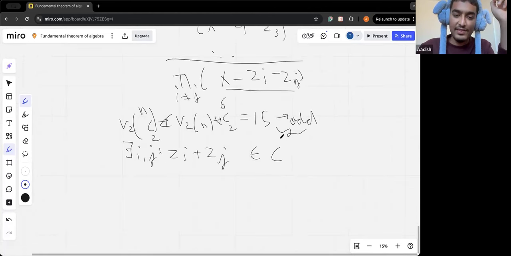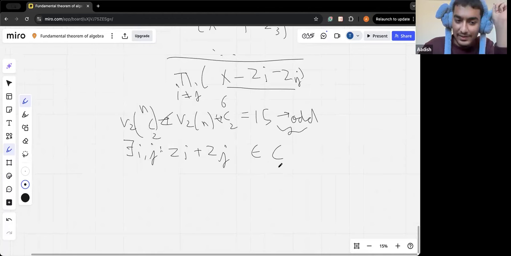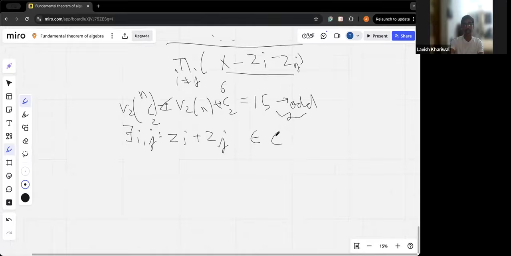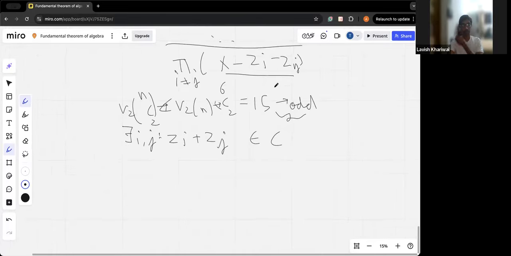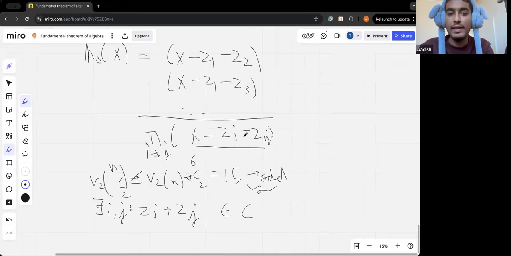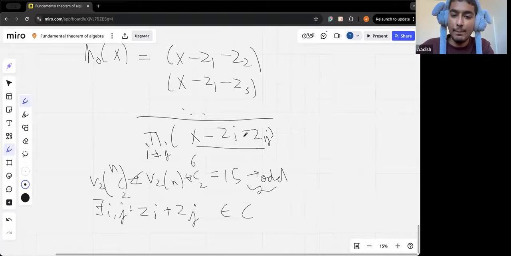So does everyone see that some zi plus zj is a complex number? Also, can you repeat why the coefficients are real? All coefficients of this will be symmetric in all the zi's. If you expand this out, you will get the same power of z1, the same power of z2. There's no difference.